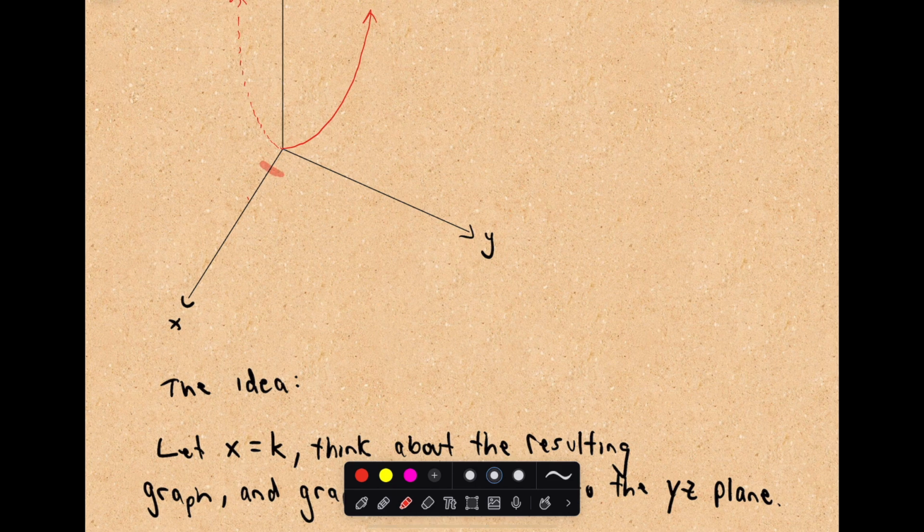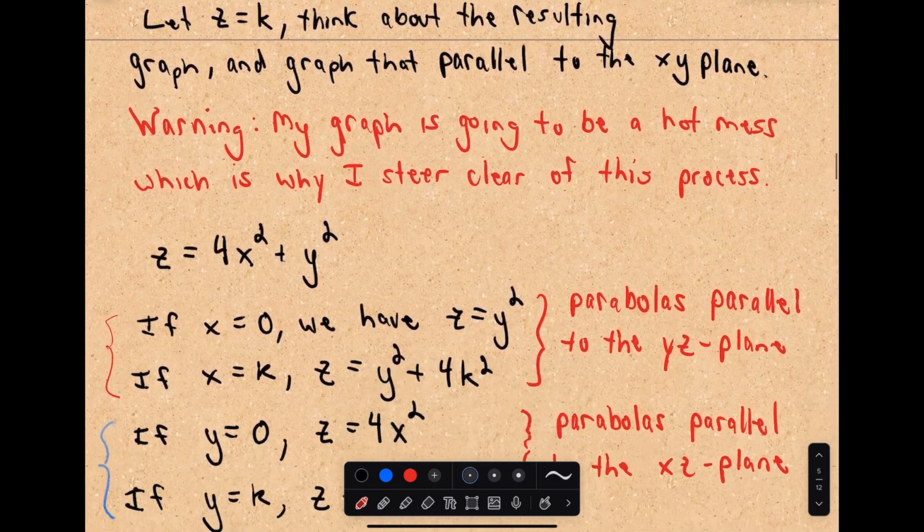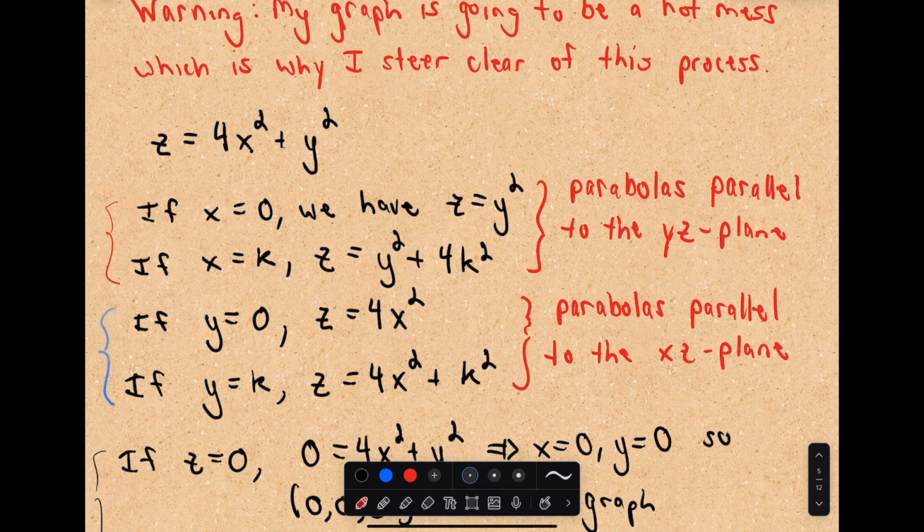Okay, so this is where it's going to get kind of rough. I'm going to delete this here in just a second. Let's suppose, for example, this was the value x equals 1. So in that case, if we used x equals 1, if we go back down here, we would have z equals y squared plus 4.